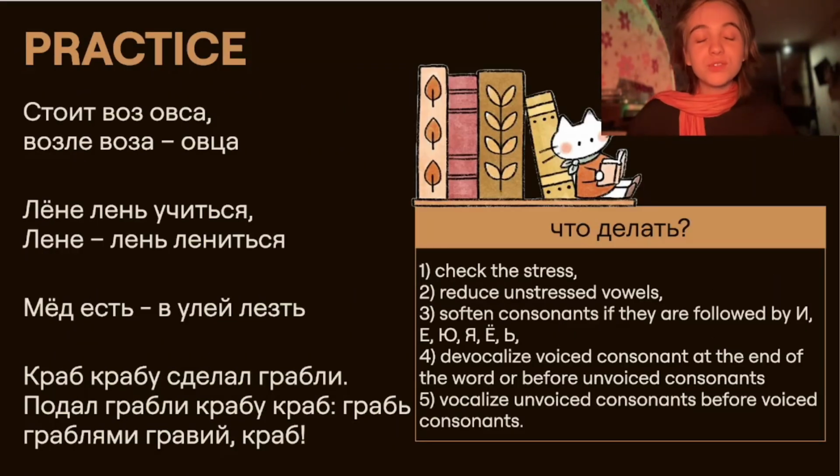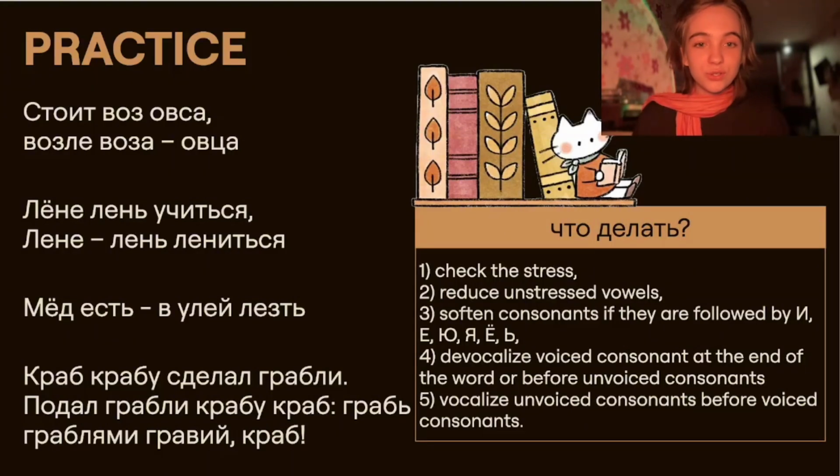And now we're going to practice everything we have learned today. My favorite kind of practice is tongue twisters. I always start lessons with my students with tongue twisters to practice their pronunciation. But before we start our reading practice, I have a small checklist for you on how to read in Russian as a beginner. First of all, check the stress.